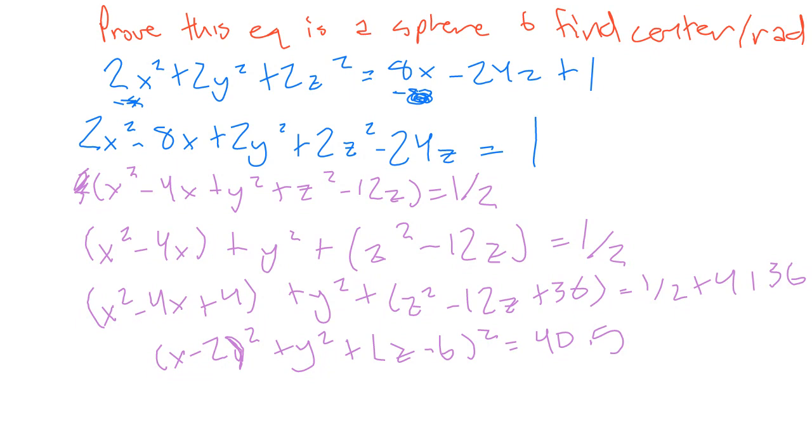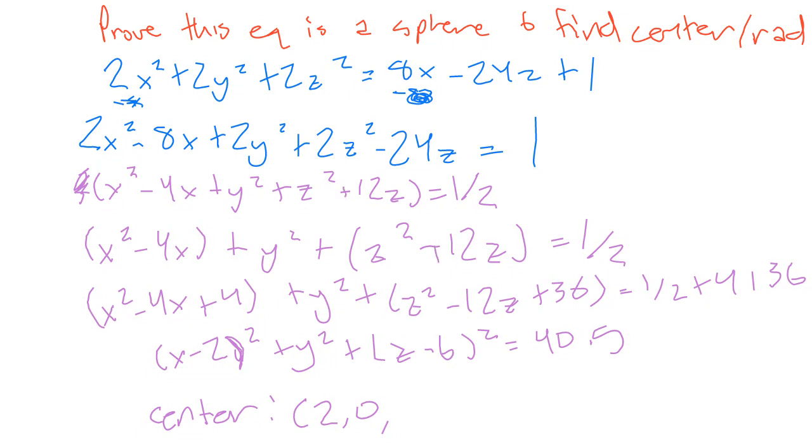So looking back at our formula, we can see that our center is going to be at 2, 0, 6. Oh wait, give me just a second. This isn't going to affect anything.